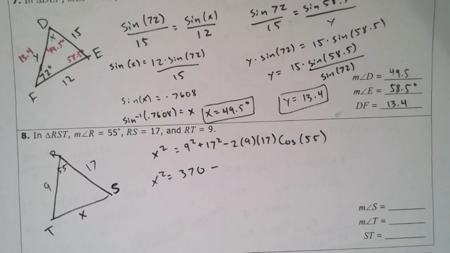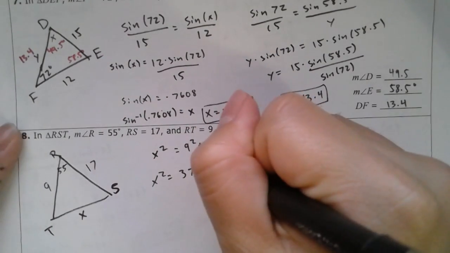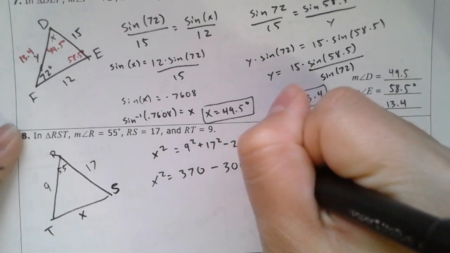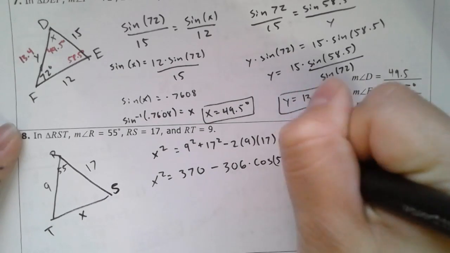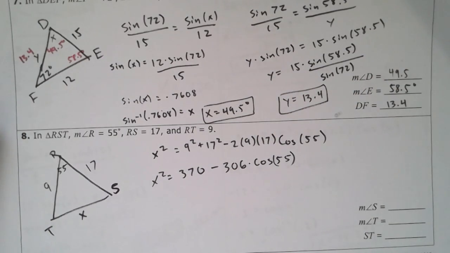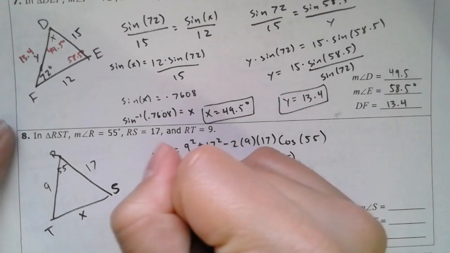So step at a time. 2 times 9 is 18, 18 times 17, you get minus 306 times cosine of 55.